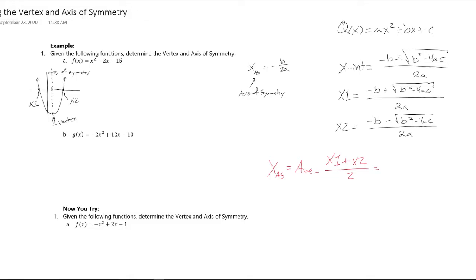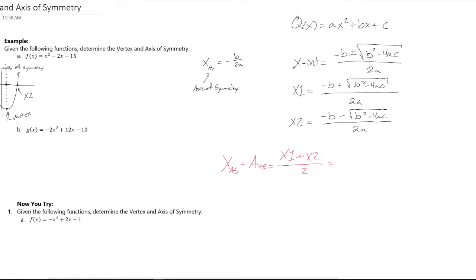And if we compute this, if we add the x1 and x2 together, I'll have negative b plus the square root of b squared minus 4ac all over 2a plus negative b minus the square root of b squared minus 4ac all over 2a, and then all of that would get divided by 2. So when we go to simplify this, we end up having a plus and minus of this square root that cancel.